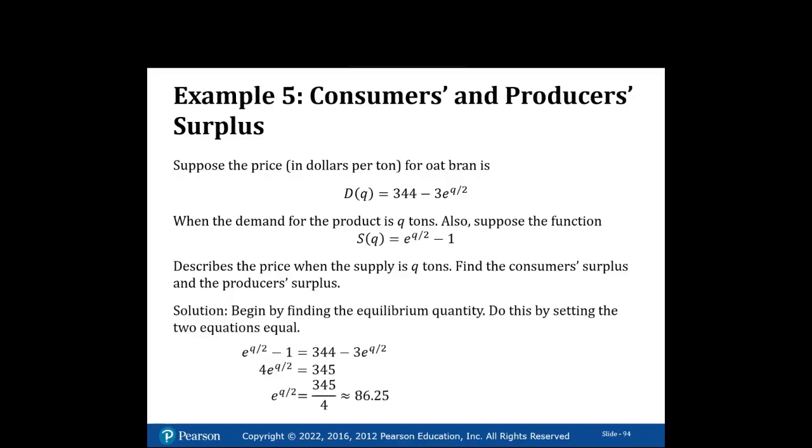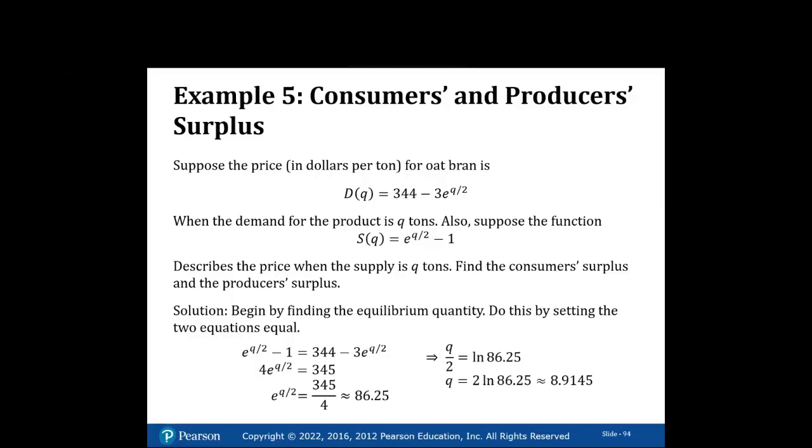Divide by 4, and that gives us approximately 86.25. Now I'm going to ln both sides, so I get q over 2 is ln of 86.25. Multiply that by 2, and that's approximately 8.9145.